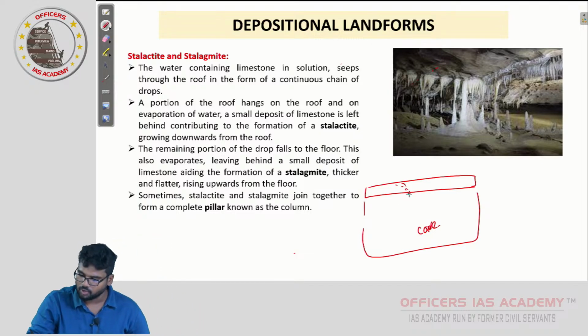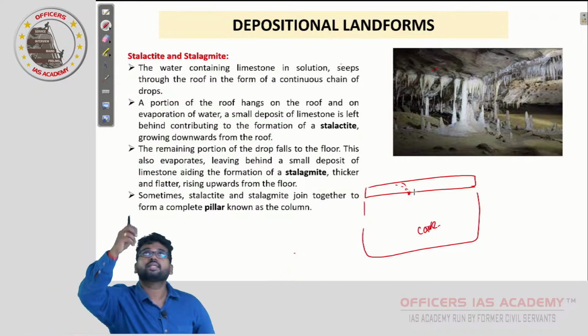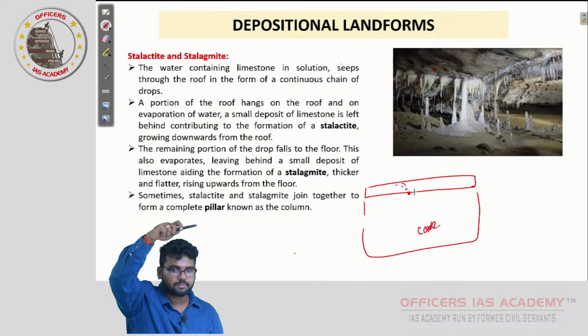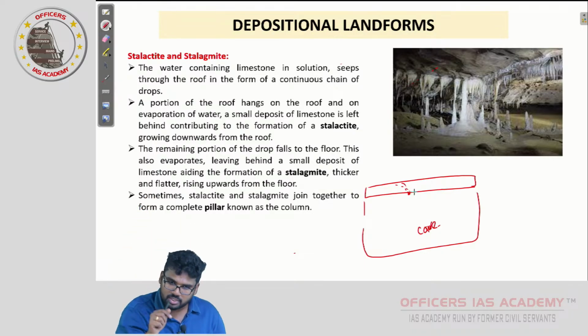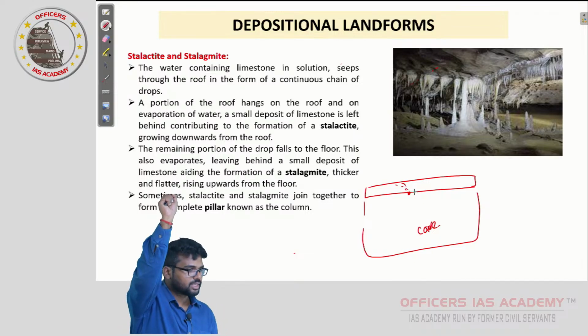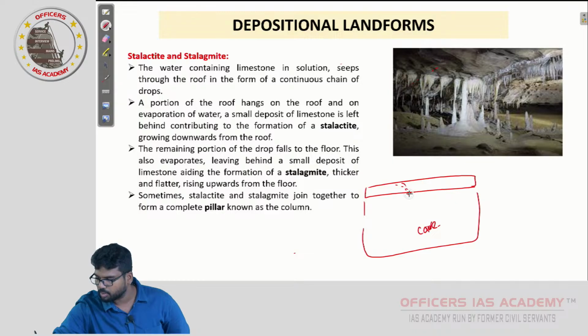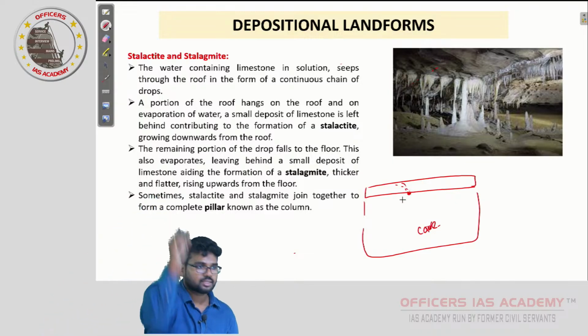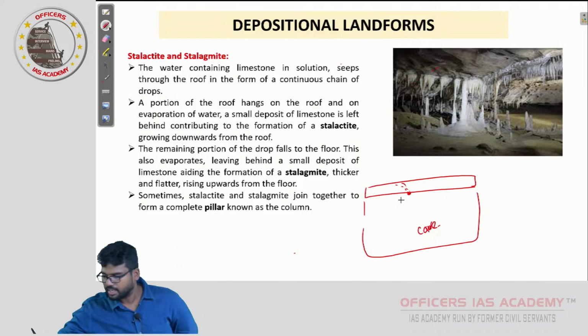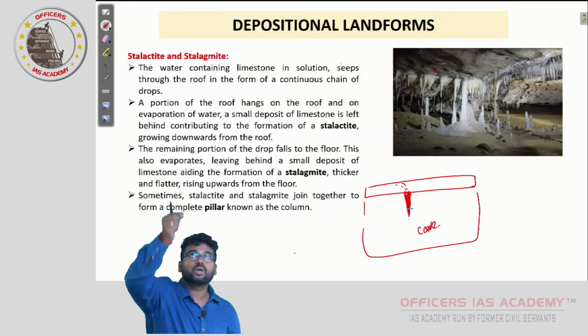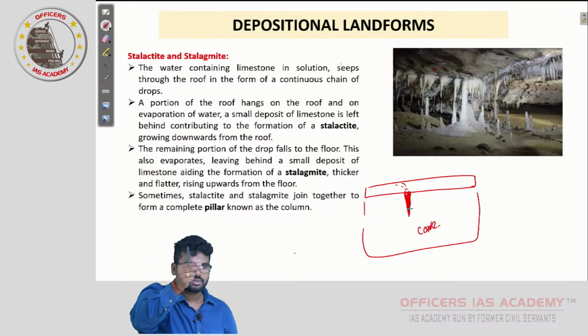When the drop is getting formed, in that process it is taking some time, and in that time some amount of dissolved calcium carbonate can get deposited. Possibly some evaporation could happen and some amount can get deposited. So a small portion is deposited, then whatever water is there drops. Similarly another drop, another deposition, and as time progresses it can lead to a vertically growing structure from top to bottom.